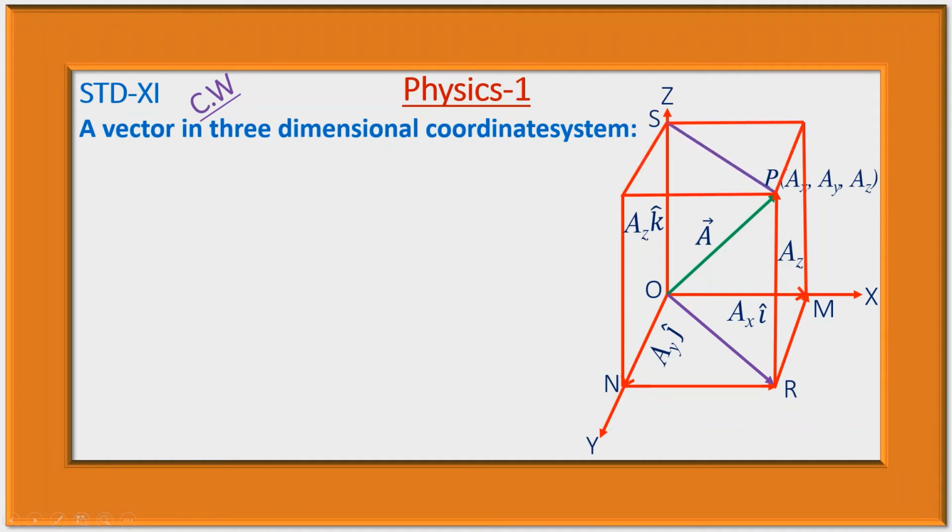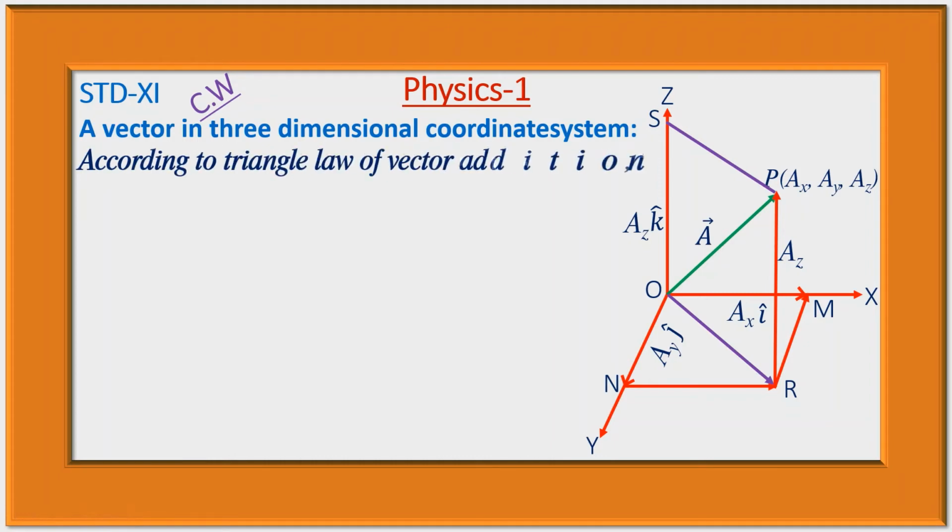Here is a rectangular box, and this is the OP vector, that is the A vector, and OM, ON and OS. Here OS is equal to RP. So OS is AZ, OM is AX and ON is AY. That is, the coordinates of point P are OM equal to AX, ON equal to AY and OS equal to AZ.